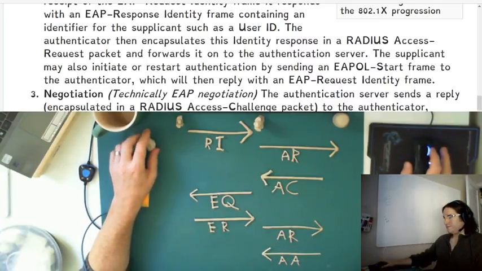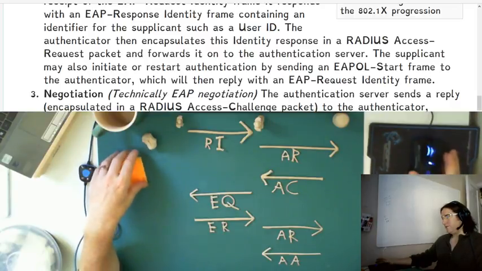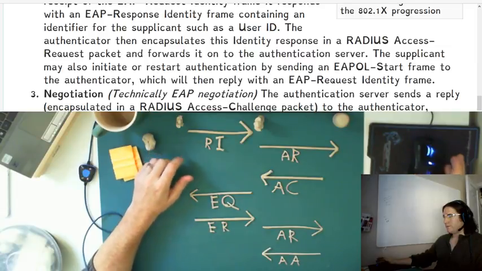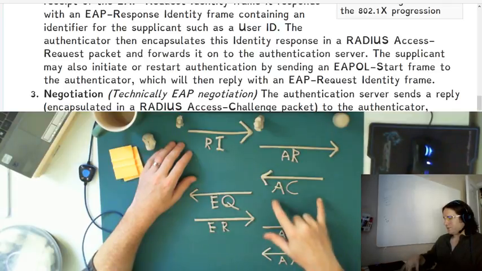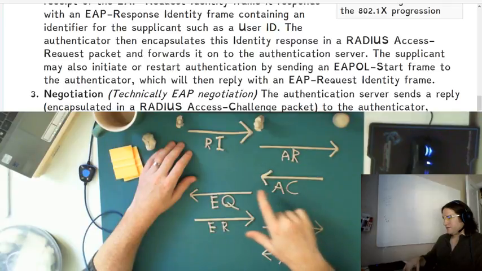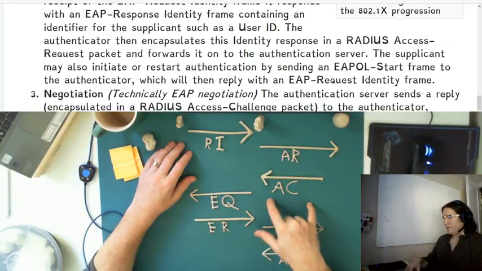Negotiation. Technically an EAP negotiation. The authentication server sends a reply encapsulated in the RADIUS access challenge packet to the authenticator, containing EAP requests specifying the EAP method, the type of EAP authentication it wishes the supplicant to perform.